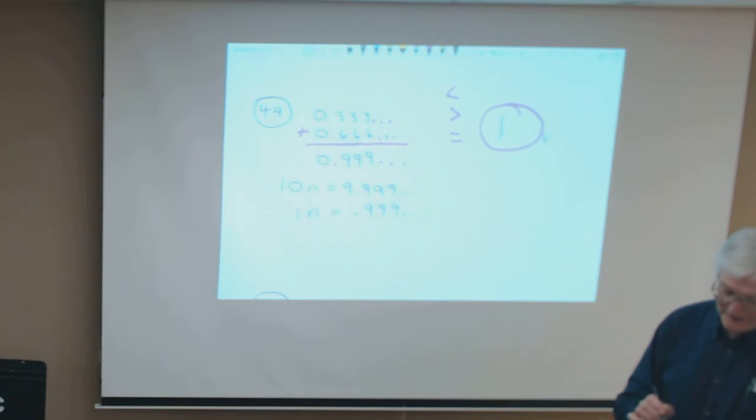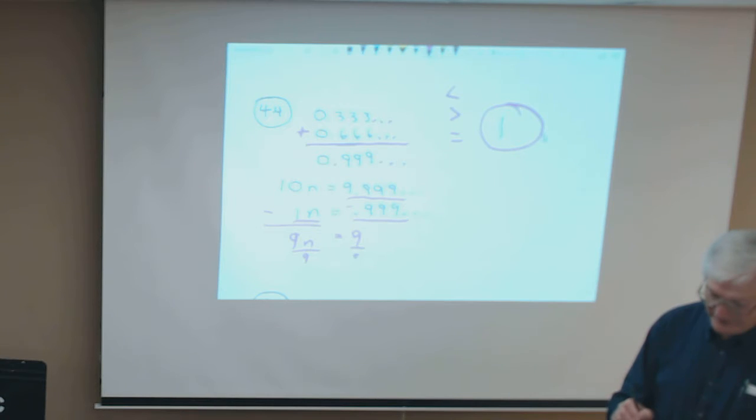Let's let 10n be 9.999... Then 1n would be 0.999... Agreed? Let's subtract those two. 9n equals 9. So we divide by 9. Divide by 9. And what does n equal? 1. Oh, how disgusting.